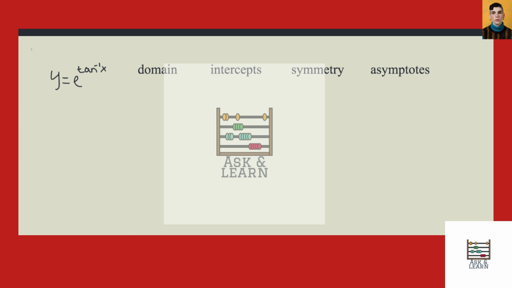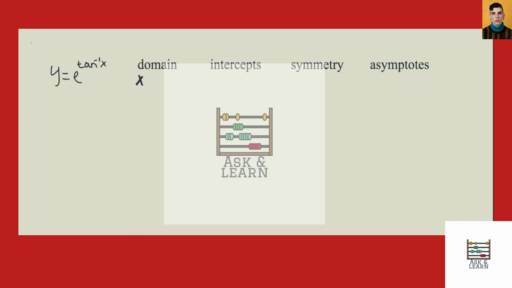All right, so for this function, the domain is x is all real. We have an intercept at (0, 1). There is no symmetry. And for asymptotes, we can test the limit as x approaches infinity of our function, e to the inverse tan of x.